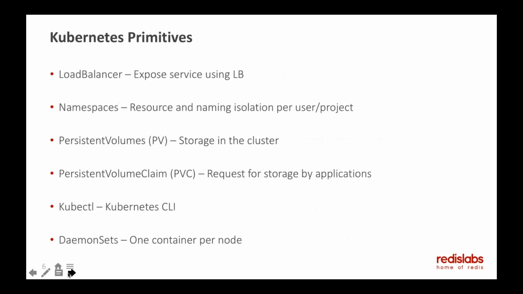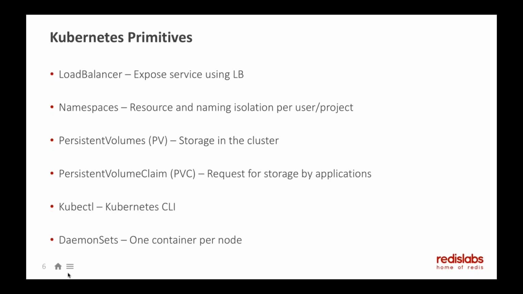The next primitive that we want to talk about is the load balancer. Kubernetes itself is cloud agnostic, so having a load balancer primitive allows you to expose your service through a load balancer.